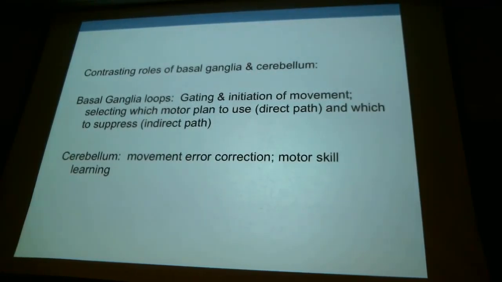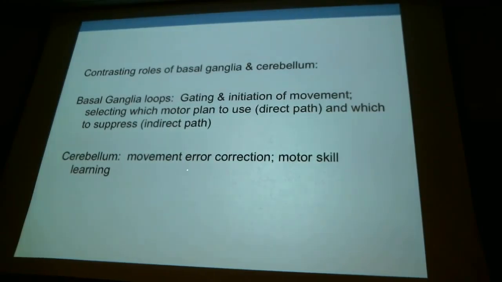And the distinction between what basal ganglia and cerebellum do, the current thinking, is this. We talked about basal ganglia as making decisions about which motor plan you are going to execute, and suppressing all the others. In the video, she talked a little bit about learning, but I'm going to present the idea here that cerebellum is an important component to motor learning because the theory now is that it has a function in error correction.